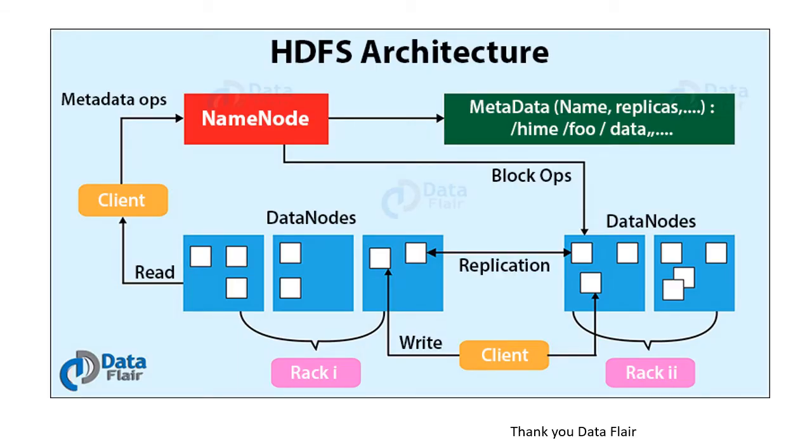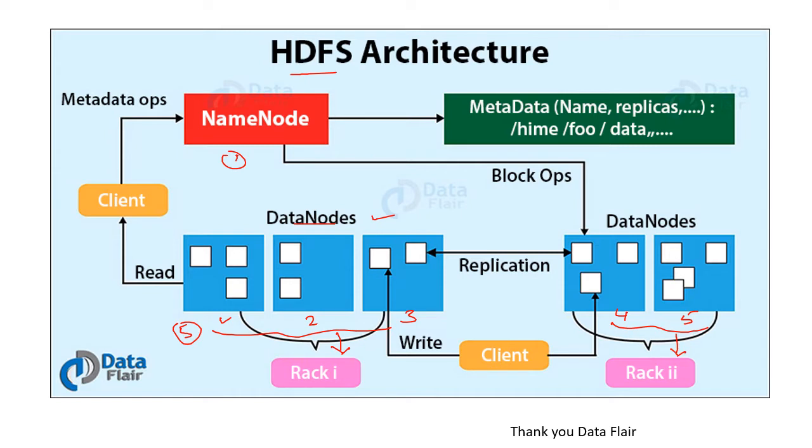And this is the architecture of HDFS. Here we have one single name node and many data nodes. In this diagram we have 5 different data nodes, data node 1, 2, 3, 4 and 5. The first 3 data nodes are stored in rack 1 and the remaining data nodes in rack 2.